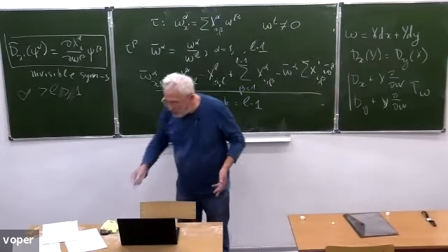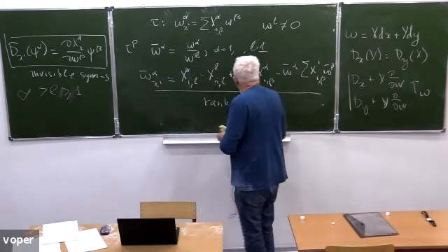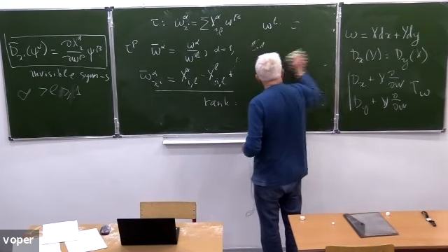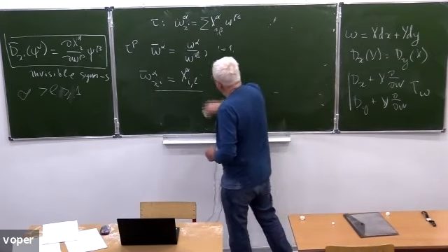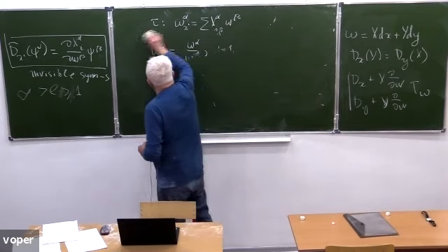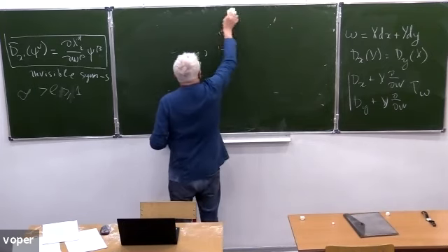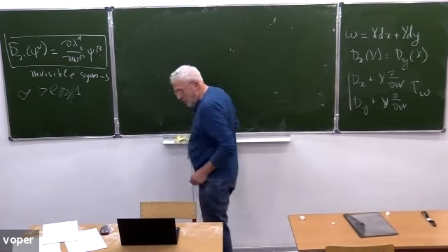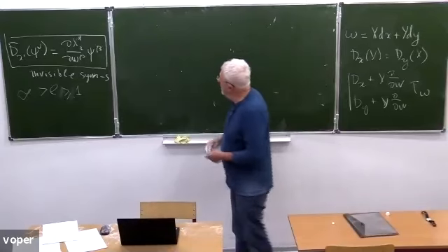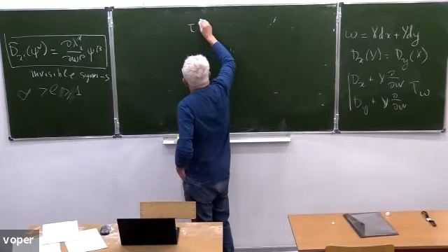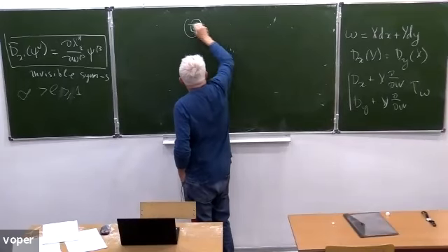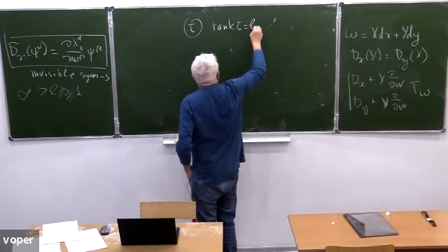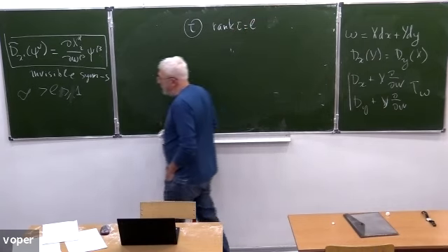Now the procedure. We take an arbitrary irreducible covering of arbitrary finite dimension.